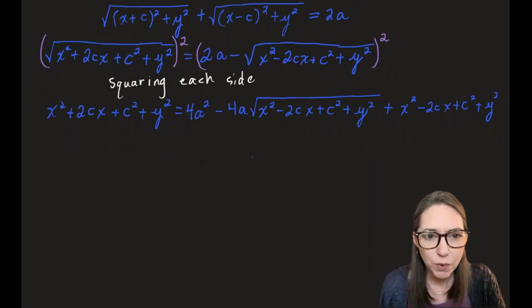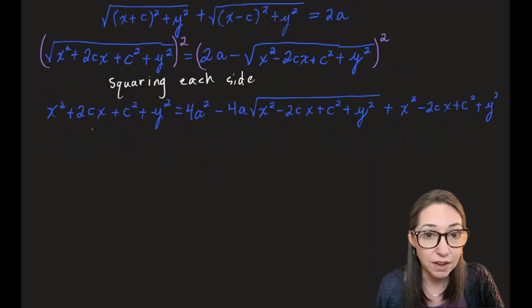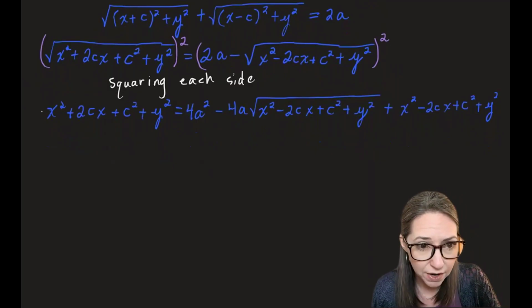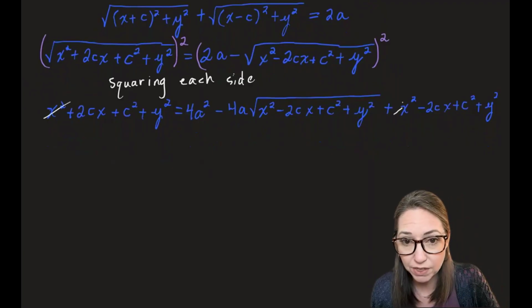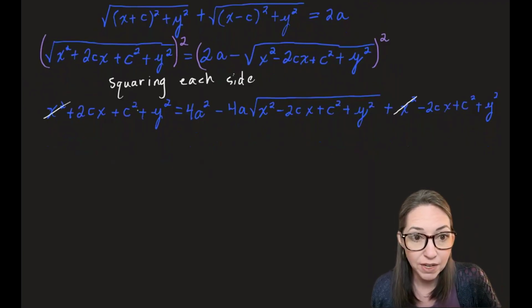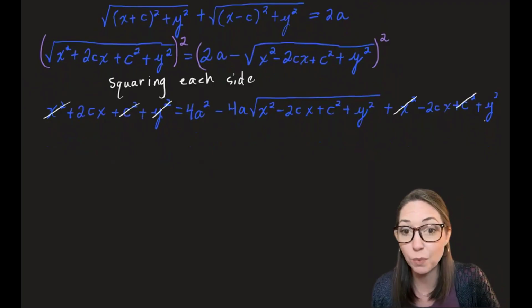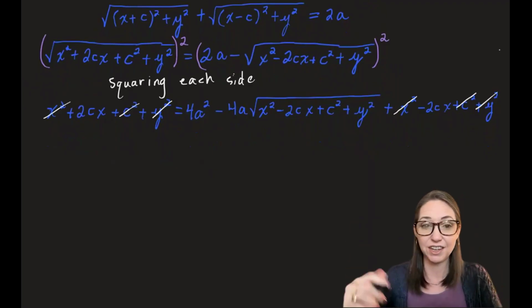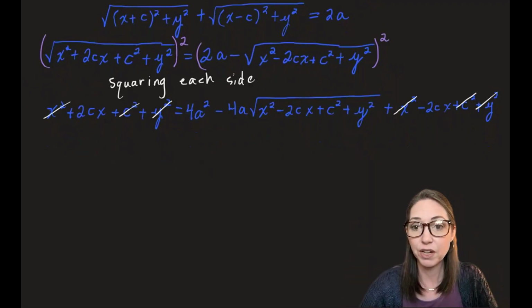From here, we do have several things that cancel out on both sides. If we subtract x squared from both sides, that goes away. We can subtract c squared from both sides, and that's eliminated. We can subtract y squared from both sides, and you can see it's going to get quite a bit simpler pretty quickly.